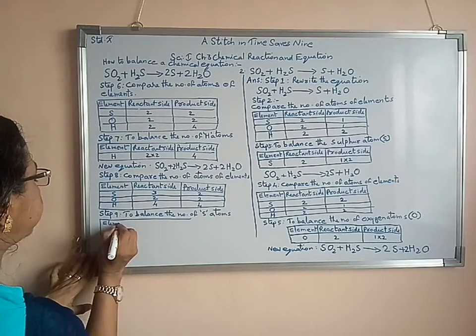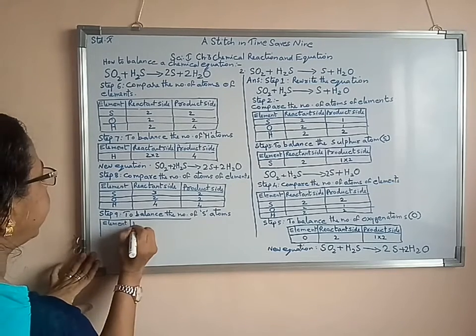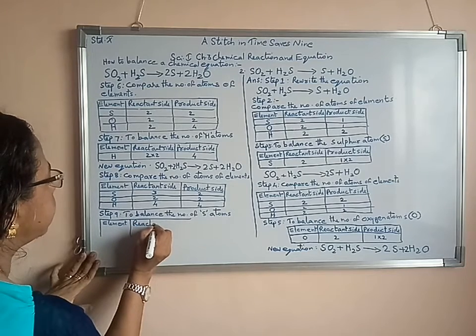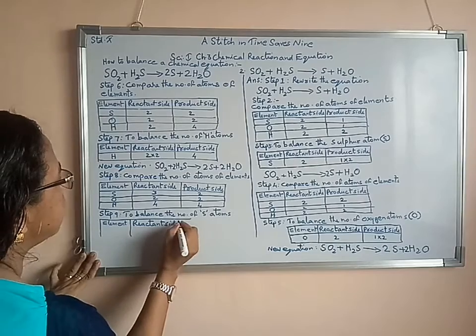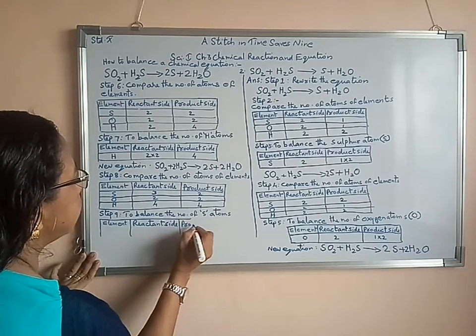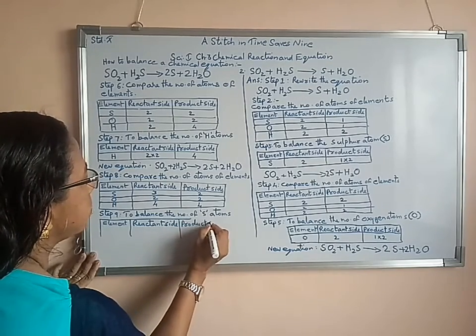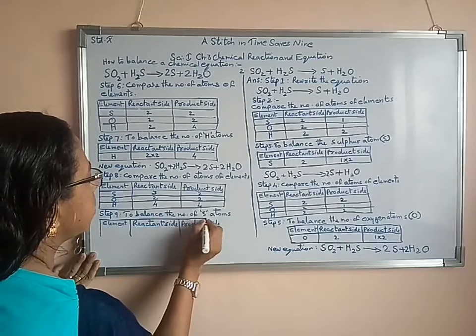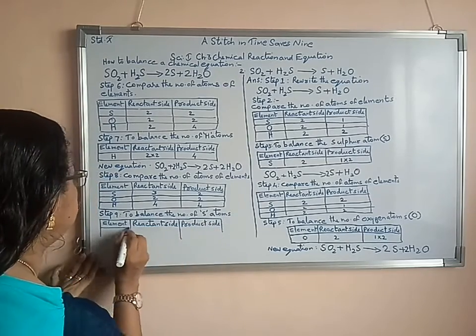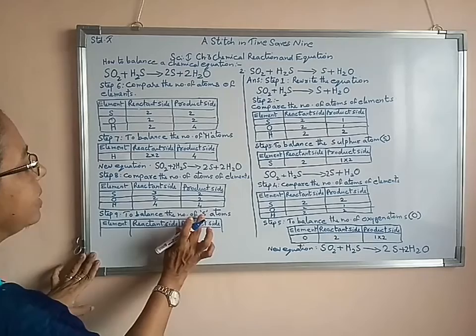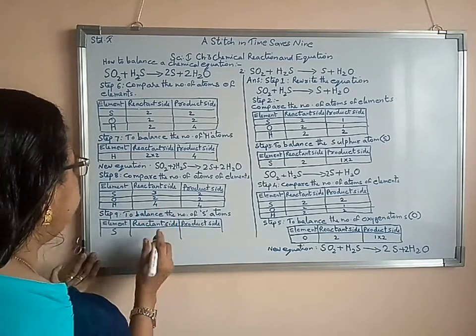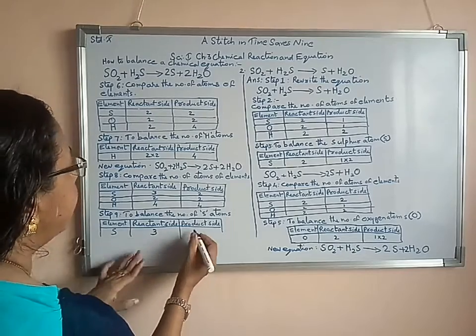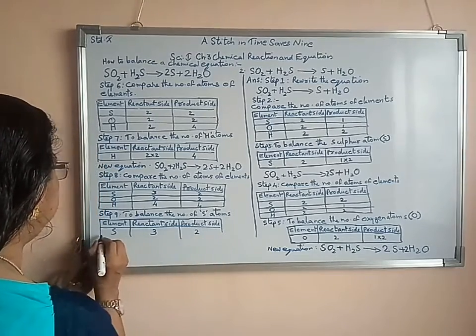Element, reactant side, here product side. We are balancing the number of sulfur here. So element sulfur I wrote, reactant side 3 is there, product side 2 is there.